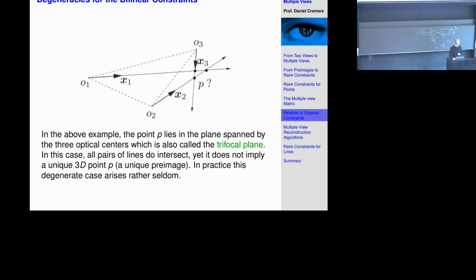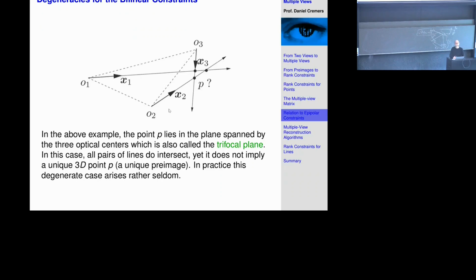Here's an example, here's another example. So these are examples where I have 3 cameras located at O1, O2 and O3, and I'm observing points, right? In fact, I observe one point P. And now if you look at these examples, you see that I can enforce consistency between views for all pairs of cameras, and I always get a consistent reconstruction for every pair.